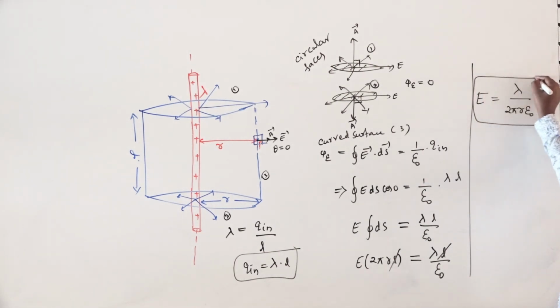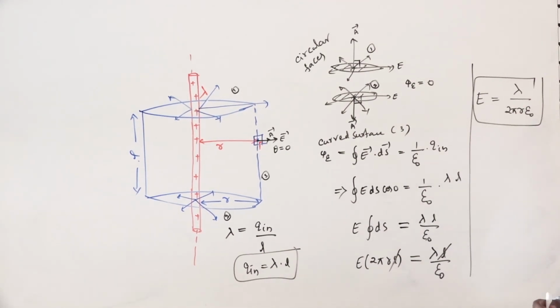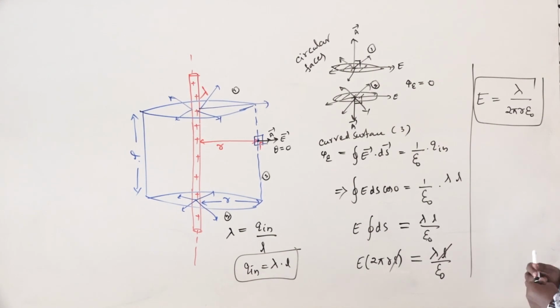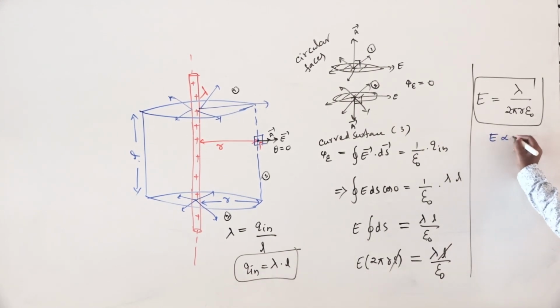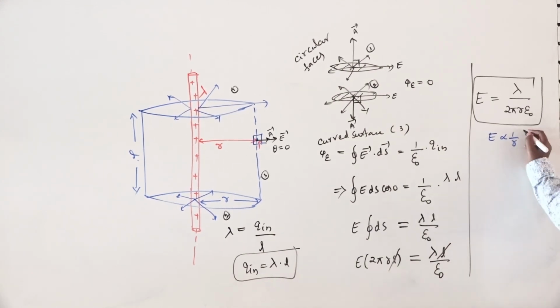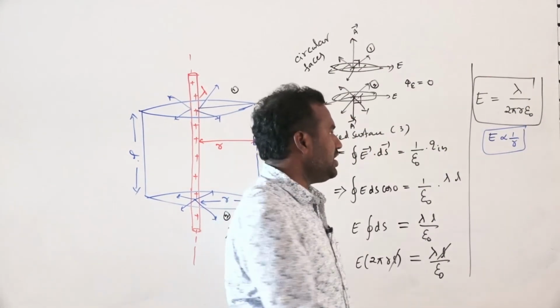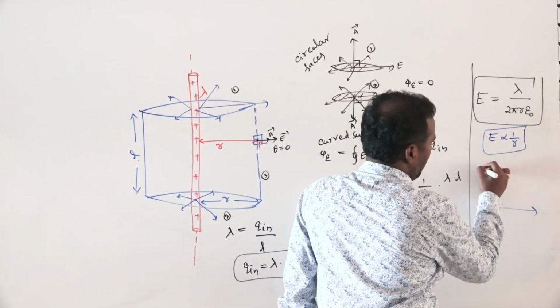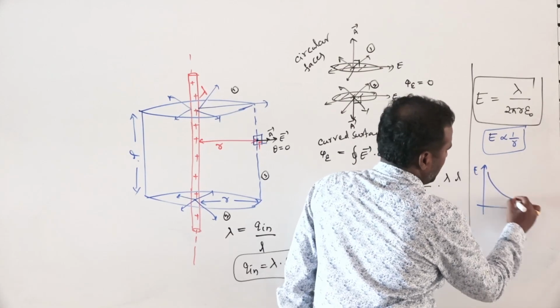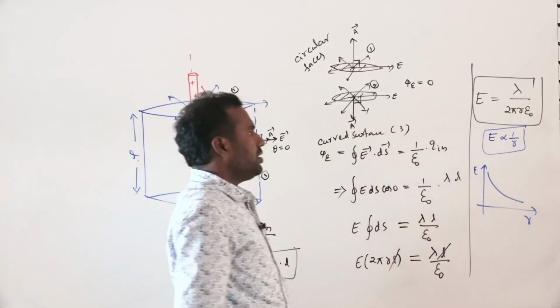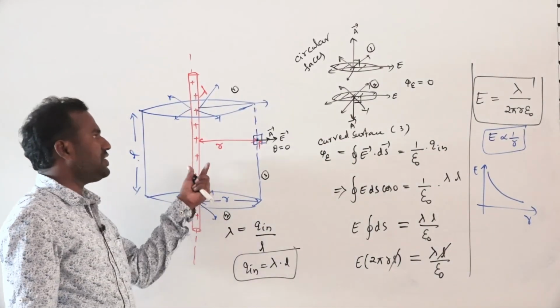Here if you observe, the electric field intensity is inversely proportional to r. As we have discussed already, the graphical representation of E versus r looks like this. So that is the electric field due to a line charge.